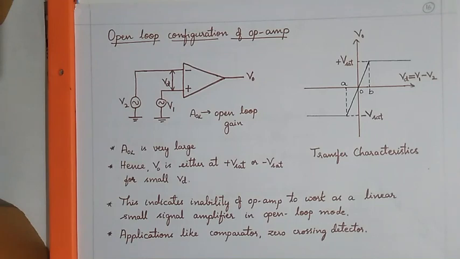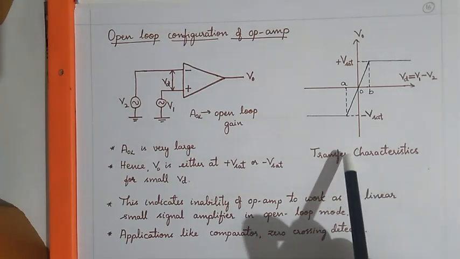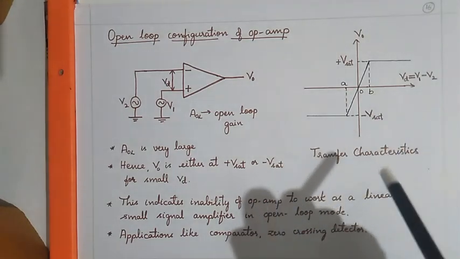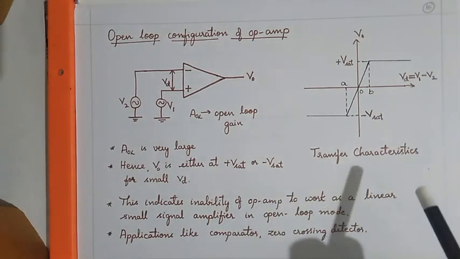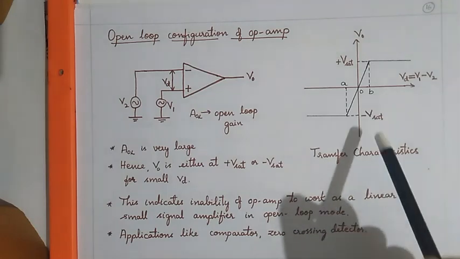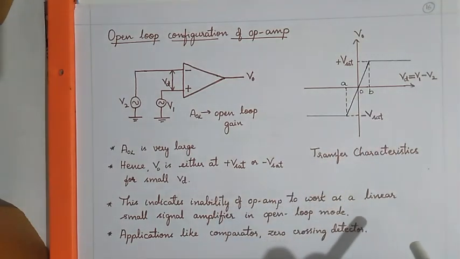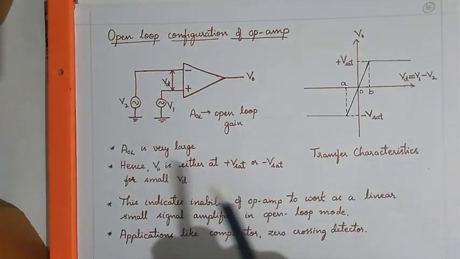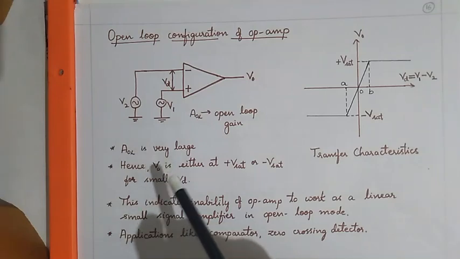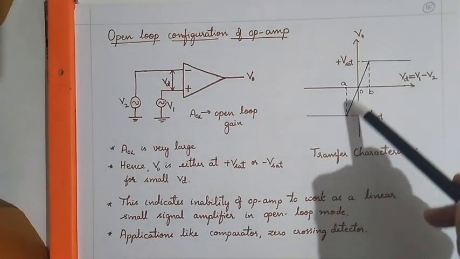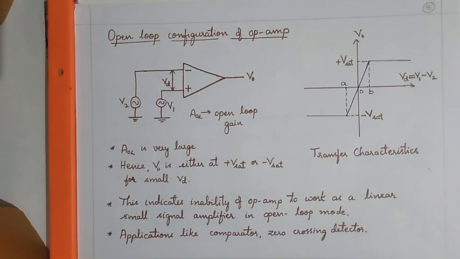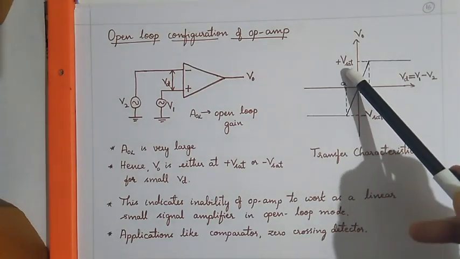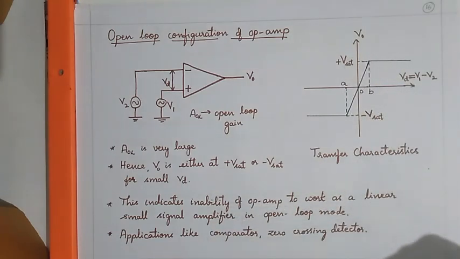The transfer characteristics is nothing but the graph of output voltage versus input voltage. This figure shows that for a small differential voltage which appears at the input, due to the high open loop voltage gain, the output voltage varies linearly, and then the output gets saturated at plus or minus V saturation.